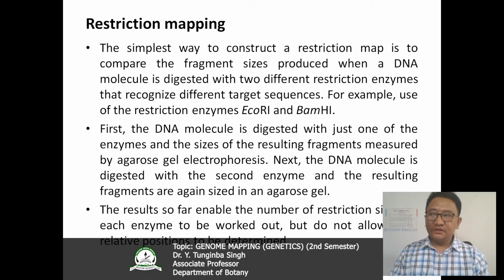Next, the DNA molecule is digested with the second enzyme, and the fragments are again sized in agarose gel electrophoresis. From the results of the two individual digestions, we are able to enumerate the restriction sites and the numbers for each of the enzymes. But we are still not in a position to find the relative positions of the restriction sites.